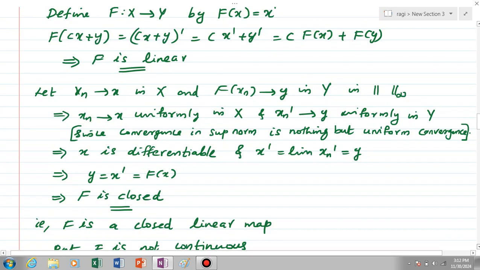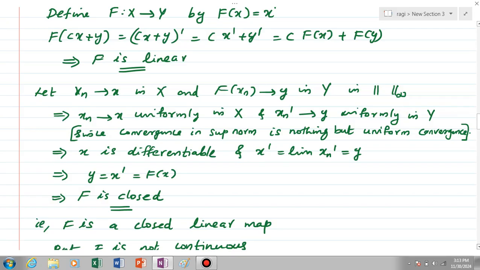If we choose xn, a sequence converging to x in capital X, and F of xn converges to y in capital Y in norm infinity, this means that xn converges to x uniformly in capital X, and F of xn, which is xn', converges to y uniformly in capital Y, because convergence in the sup norm is actually uniform convergence.